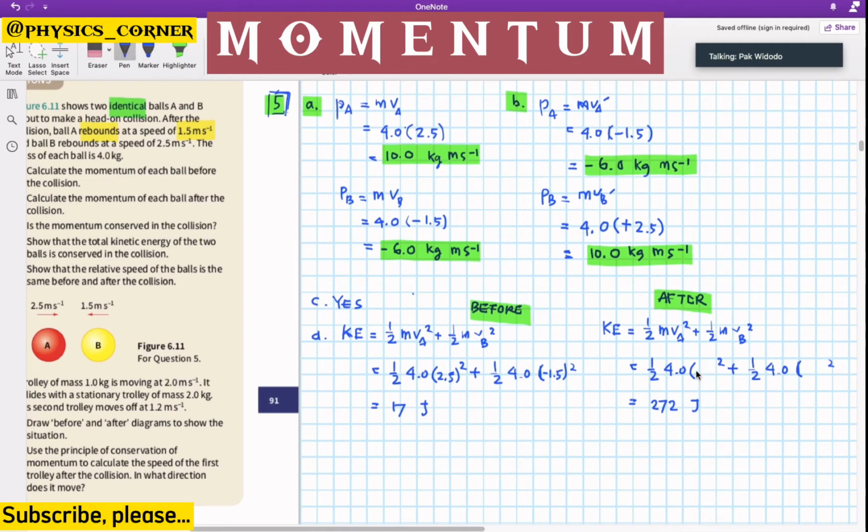Here is negative 1.5 and this is 2.5. So the same thing, only the position changed. This is the same 17 joules. So kinetic energy before and after is the same, 17 joules and 17 joules.